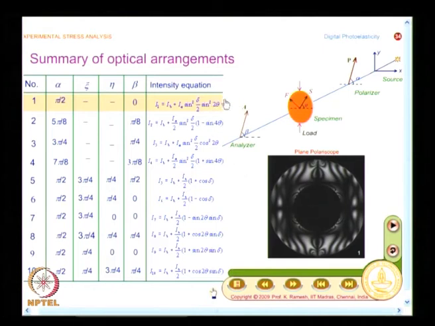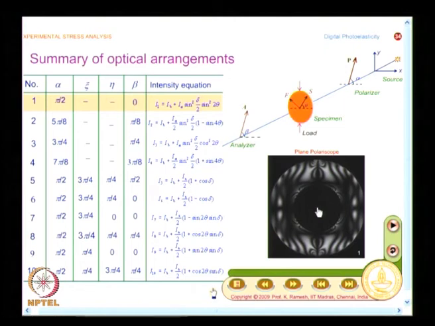So, the first 4 steps of the 10-step method are essentially a plane polariscope, where you keep the polarizer analyzer combination crossed. So, when I say pi by 2, 0, when I say 5 pi by 8, pi by 8, they are crossed positions. So, I take 4 of them, and we will go one after another. You may not be in a position to write the intensity equation, just observe the philosophy behind it, and what we will see is, for each of these optical arrangements you will have a different fringe pattern.